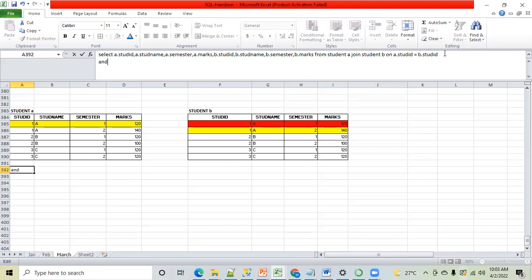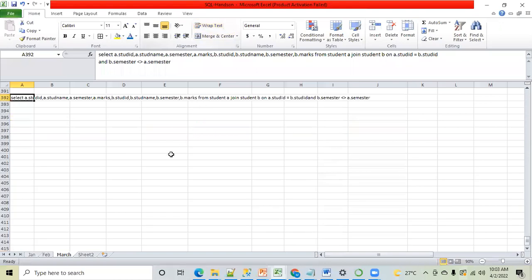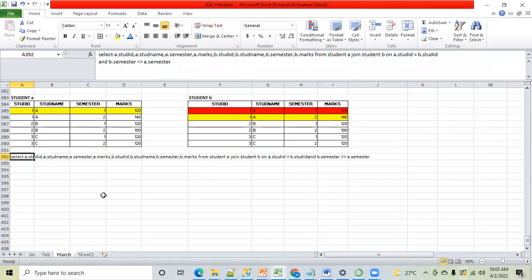No, it will not compare, because you have mentioned this condition, right? Yeah, but here I think we have to write A dot semester less than B dot semester. That is also fine. Yeah, correct.